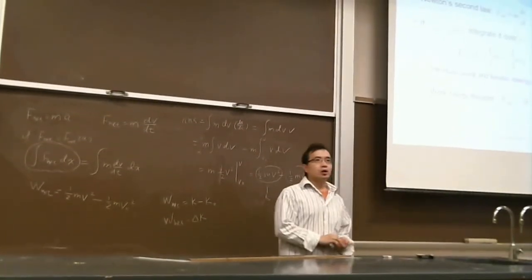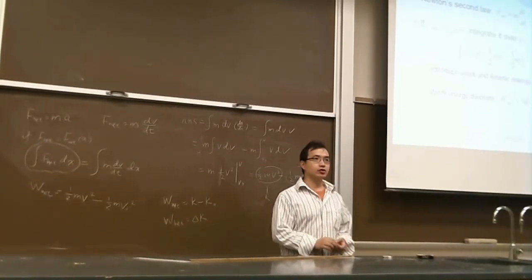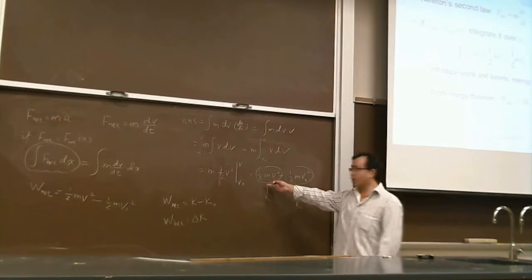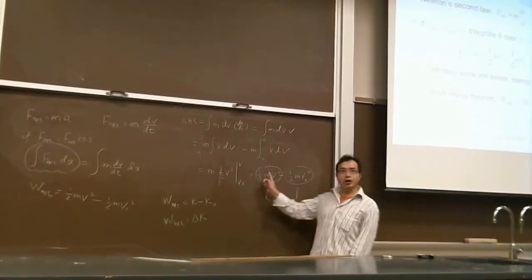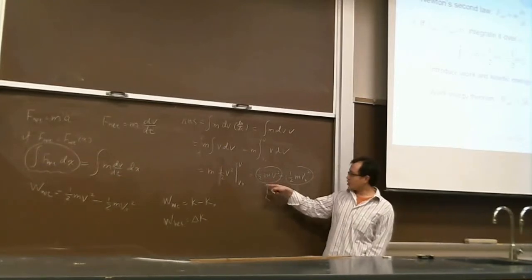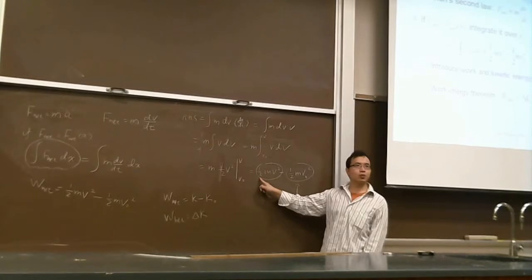Okay, so I hope I gave you the idea why we want to introduce these concepts like work and the kinetic energy. And why for the kinetic energy we want to write it as 1/2 mv squared, right? Probably the first time you see it, you question why I have to put 1/2 in front.